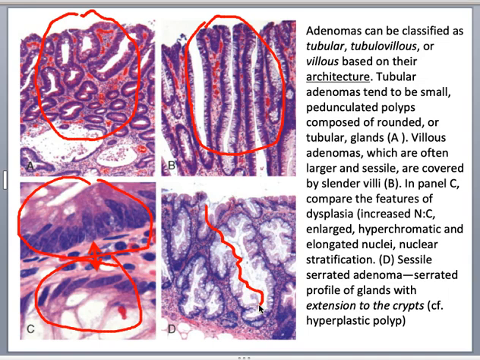Now this lesion looks awfully similar to a hyperplastic polyp, but can be distinguished from a hyperplastic polyp by extension of this serrated appearance to the crypt bases, which results in this lateral growth, which you don't see in hyperplastic polyps. Remember, in hyperplastic polyps, these serrated glands are limited to the upper third of the epithelium, and hyperplastic polyps are non-neoplastic. I'll have a little bit more on serrated polyps next.